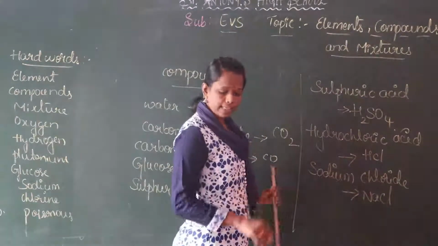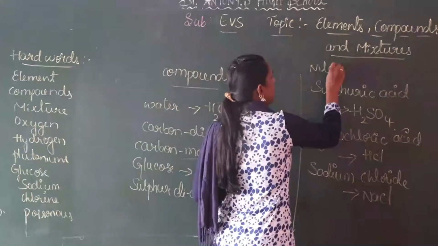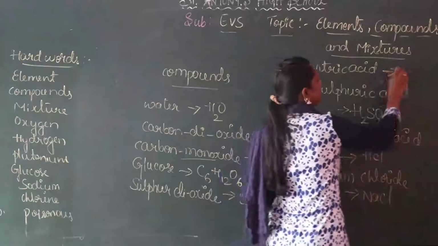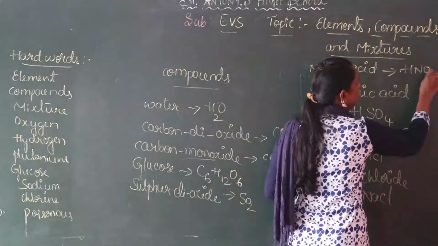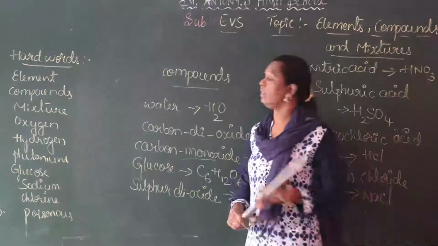Nitric acid is also there. Nitric acid, that is HNO3. So these are the compounds and their molecular formulas.